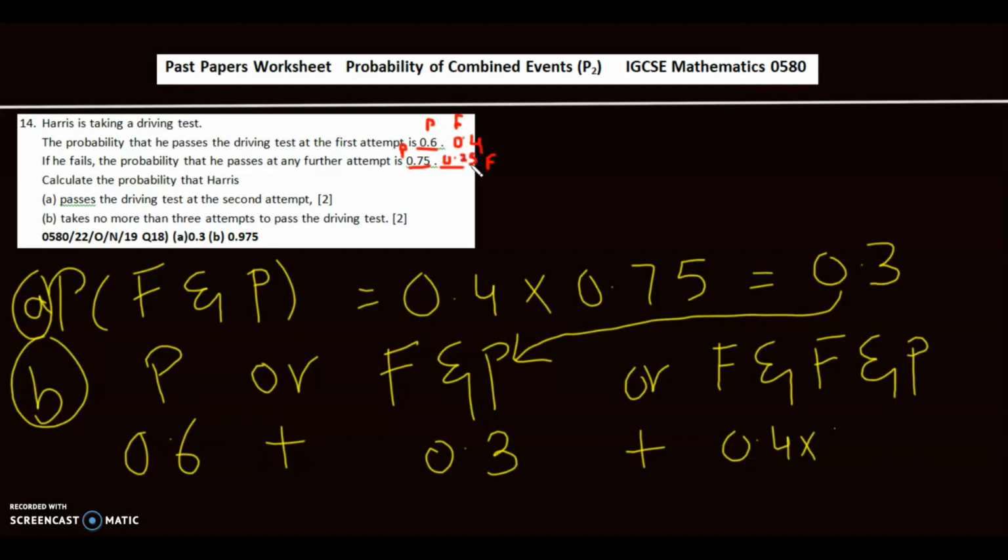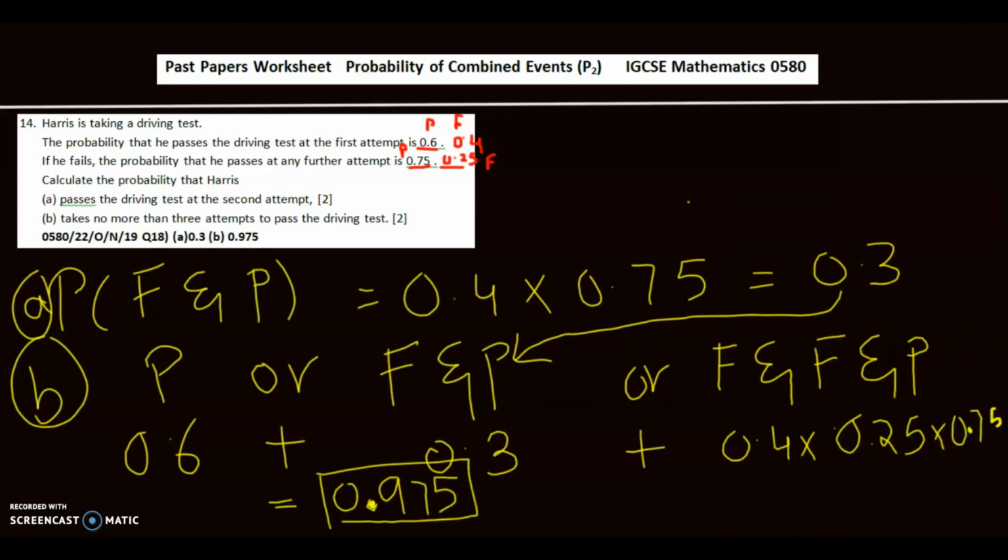So now failing again would be 0.25, and then finally passing will be 0.75. So this whole product and sum should give us the final answer. Okay, the answer will be 0.975.